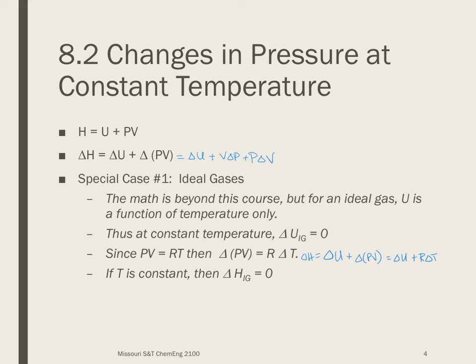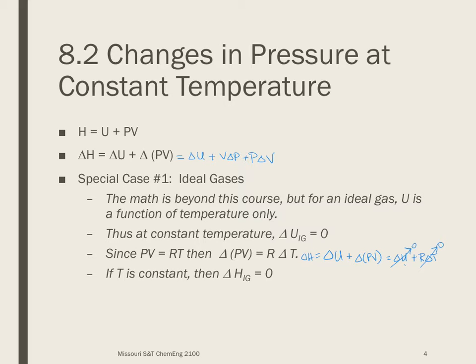If I'm not letting that change in temperature occur, delta U goes to 0, delta T goes to 0, and so delta H is also 0 for an ideal gas at constant temperature.